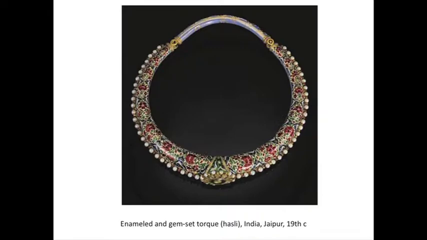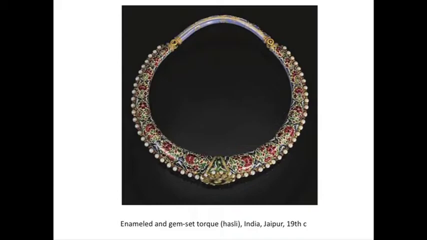So here's an example of something where the Mughal methodology of enamel work was applied to a traditional regional jewelry element. This is a torque that would have been probably a Rajasthani element that was worn not in the courts but in the communities, and probably would not have been made out of gold.